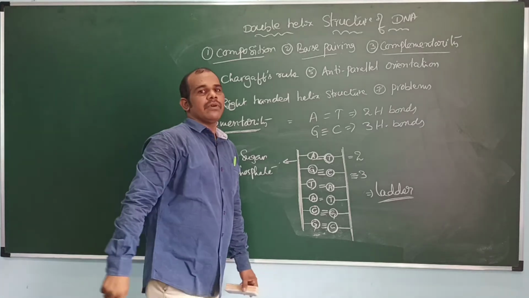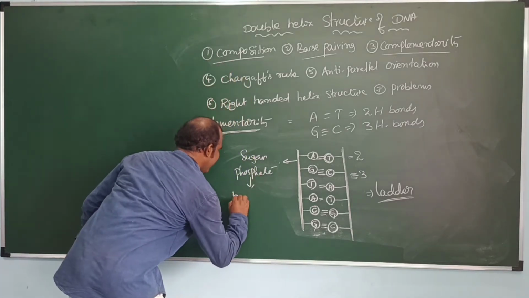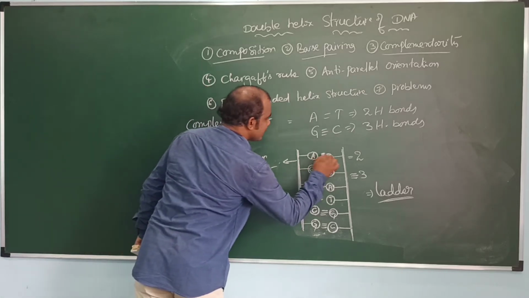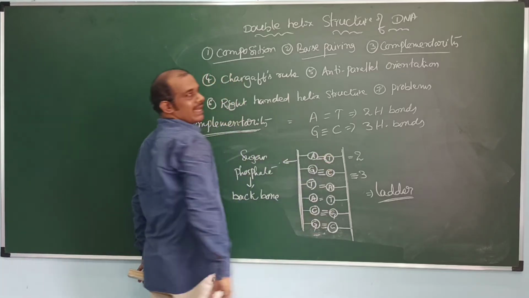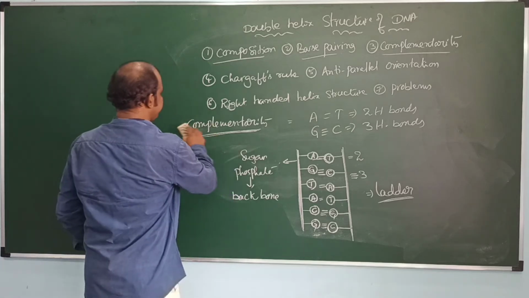Thus the chain of sugar and phosphate will act as the backbone of the DNA, and these nitrogen base pairs are projected inside of the DNA. That is called complementarity.